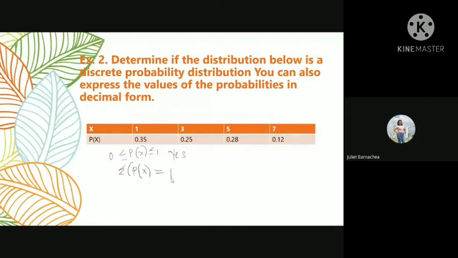Puro yes, yes. Tama naman. Ang may number ay si Chester. Yes. So, since parehas yes yan, therefore, this is a probability distribution.